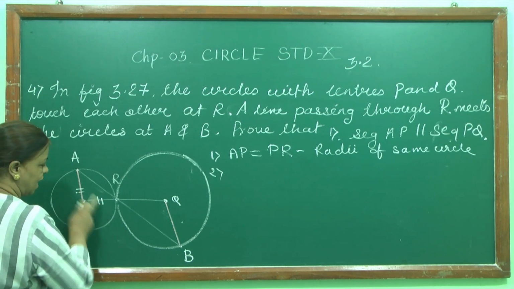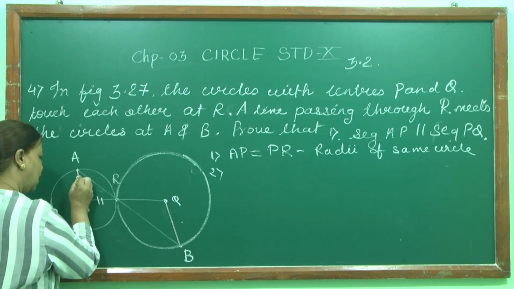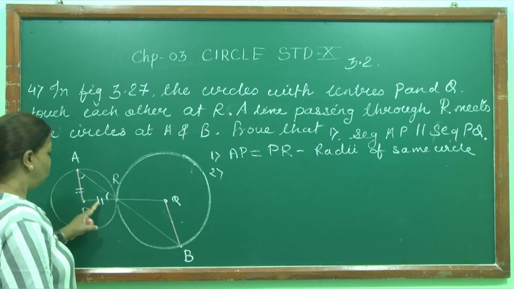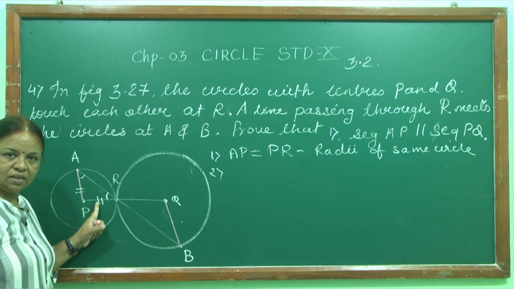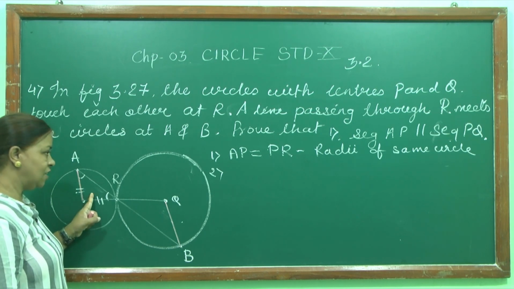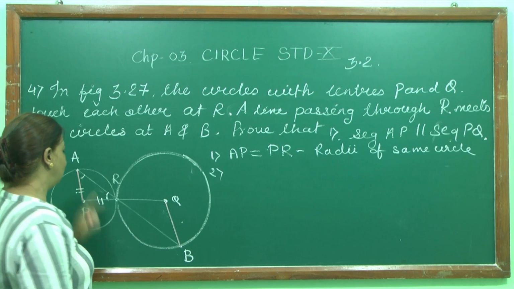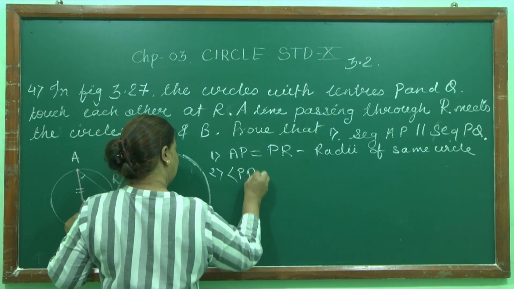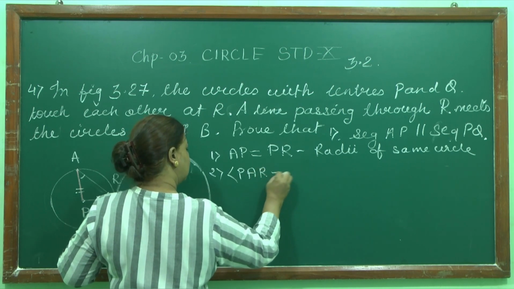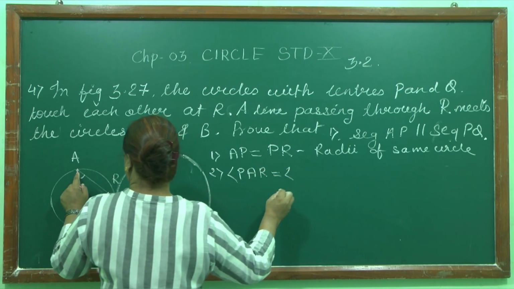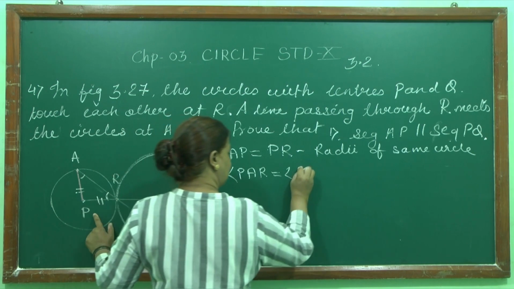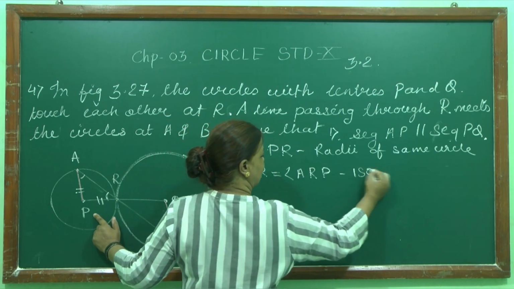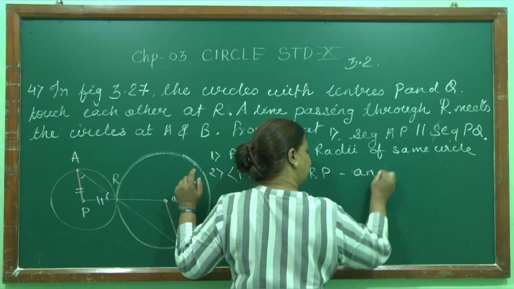So if these two lines in this triangle are equal, I can say that this angle is equal to this angle. Two sides are equal and this is an isosceles triangle, therefore two angles will be equal. So we can write angle PAR is equal to angle ARP, angles of an isosceles triangle.